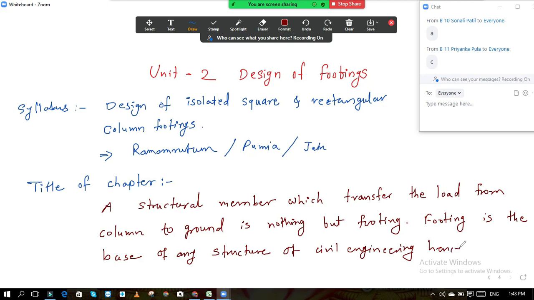Hence, it has prime importance. So this is about the title of the chapter.